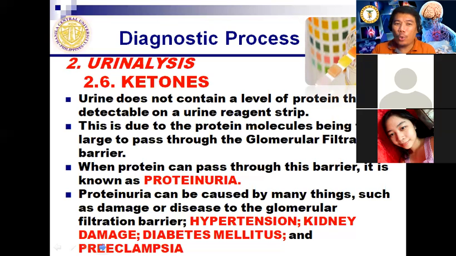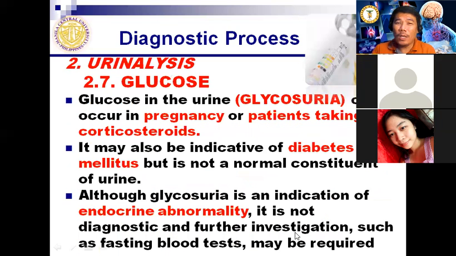How about glucose? Okay. For glucose, again, it is not expected in the urine because, as I told you, we have the filtration barrier. Glucose in the urine may occur in pregnancy or in patients taking corticosteroids.